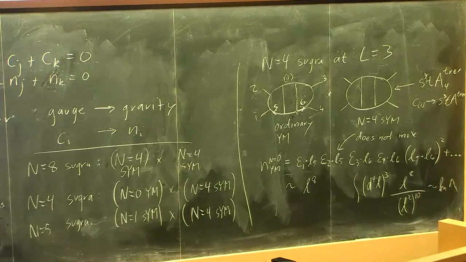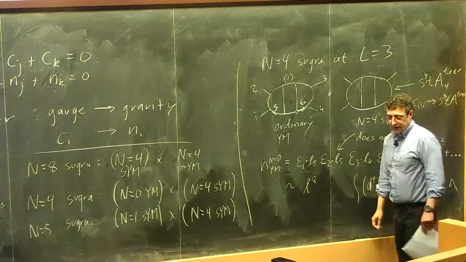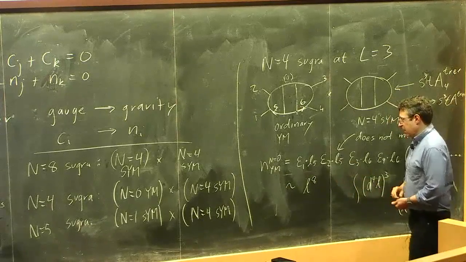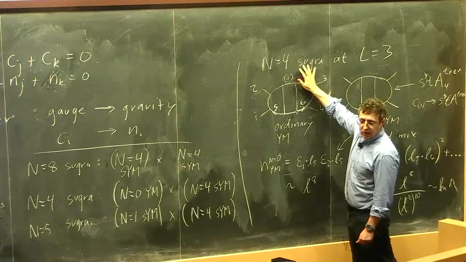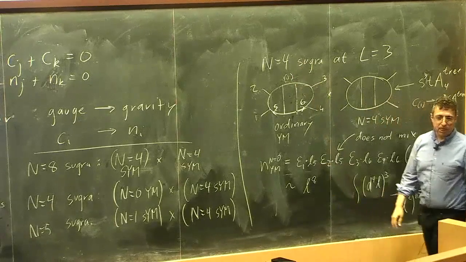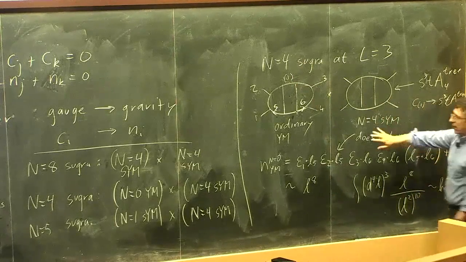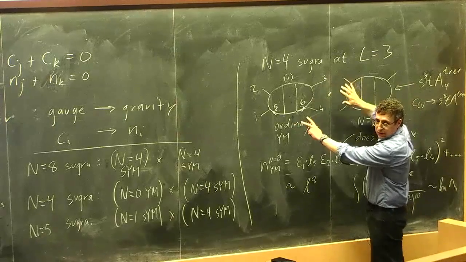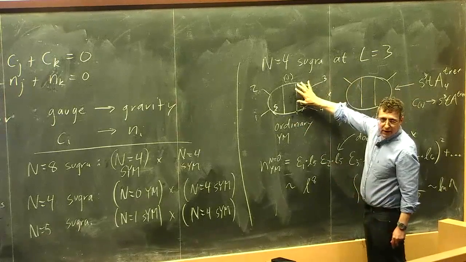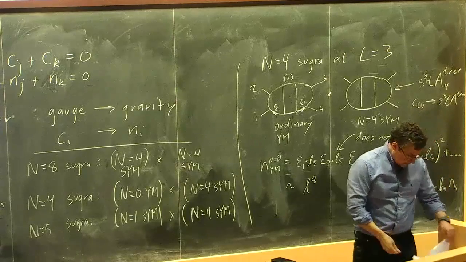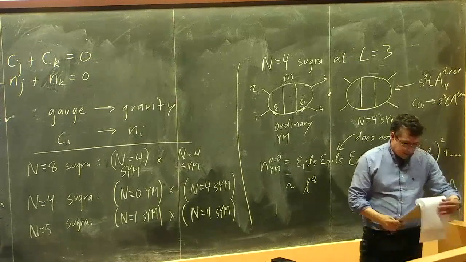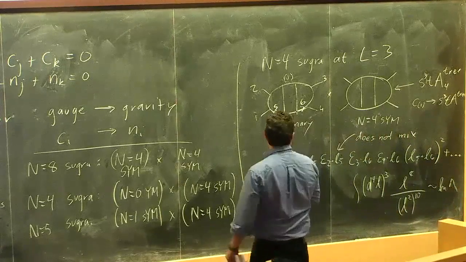Okay. So what I've just proven to you is there exists a term in this amplitude of N equals 4 supergravity which is divergent. And there's nothing you can do about this. You can't mix it with other diagrams if you keep the diagrams covariant, meaning only ordinary Feynman propagators. So let's just make a definition.